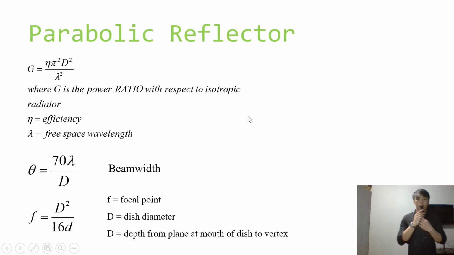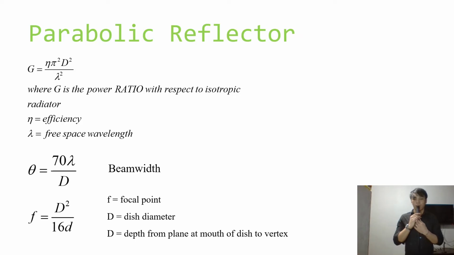So parabolic reflector, G is equal to N times pi squared times D squared over lambda squared, where G is the power ratio with respect to an isotropic radiator, N represents efficiency, and lambda is equal to free space wavelength. So theta is equal to 70 times lambda over D. It is the beam width, how you get the beam width.